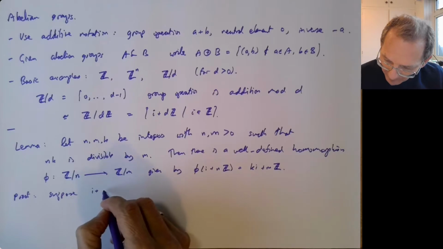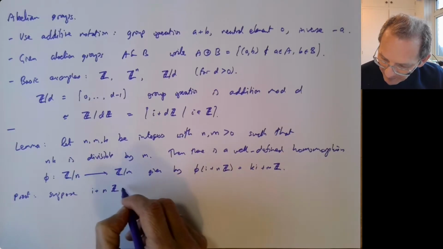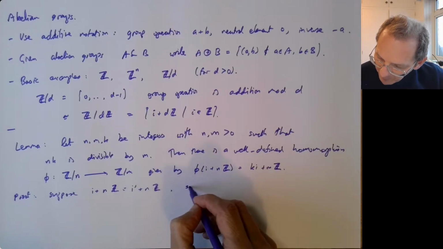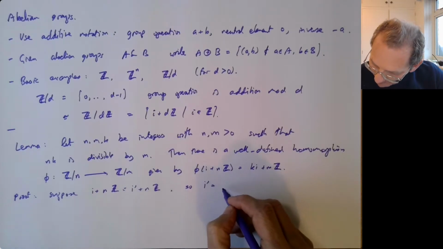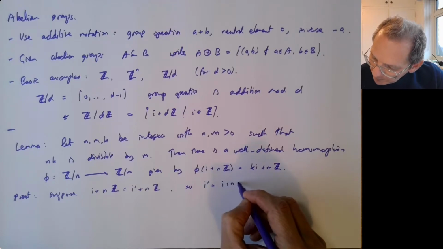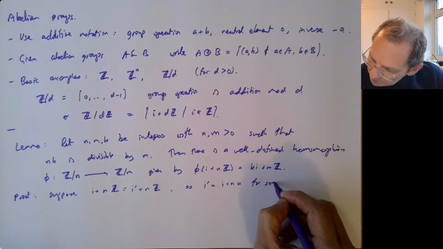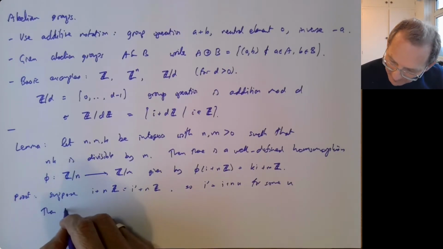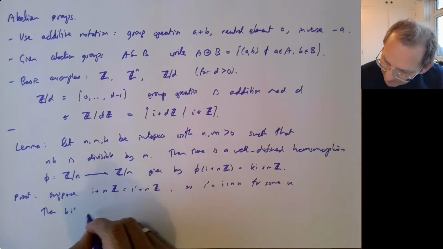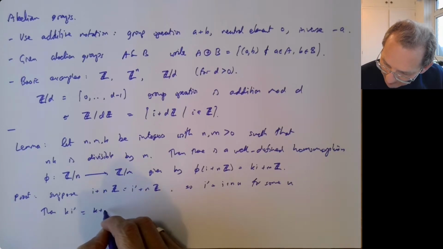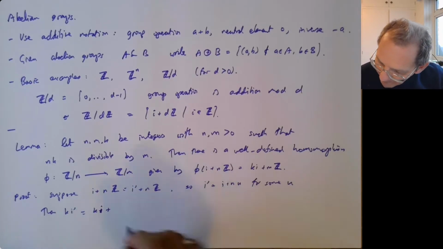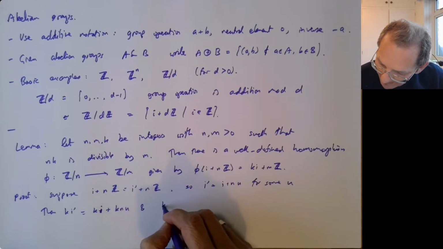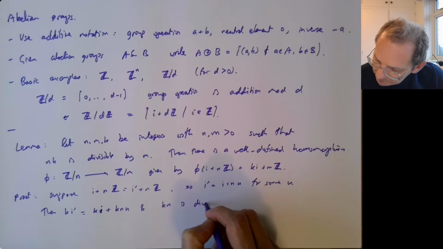Yeah, so suppose that i plus nZ is the same as i prime plus nZ. So i prime is, let's say, i plus nu for some u. Then if we look at k i prime, well, that's going to be ki plus knu, and kn is divisible by m.